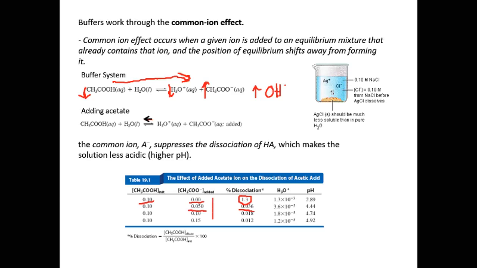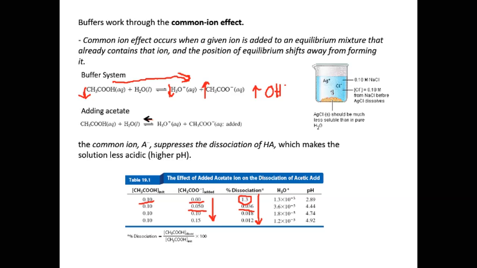And as we increase the concentration of the weak base, you see a decrease in the amount of weak acid that gets dissociated. So when you have a buffer, since you already have weak base in solution, very little of the weak acid is going to be dissociated.